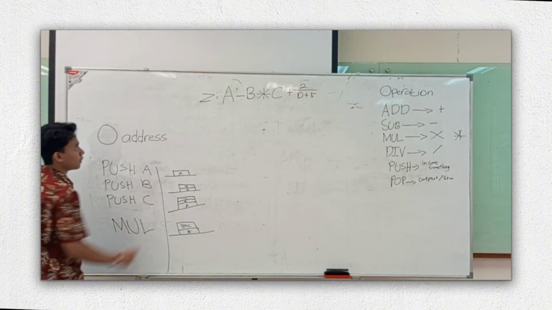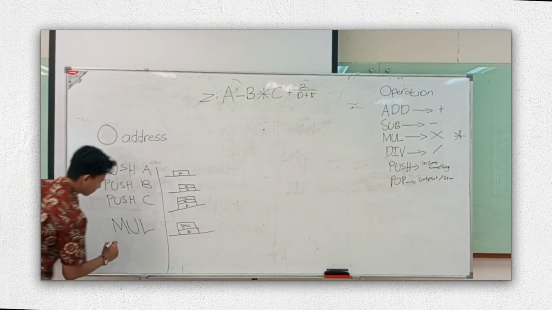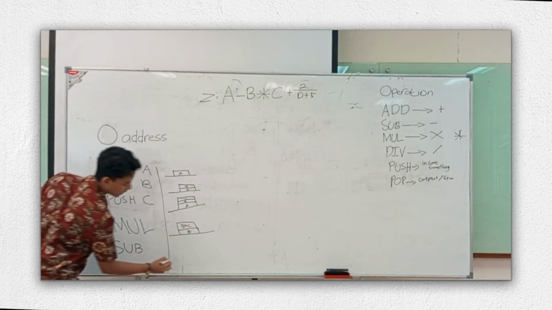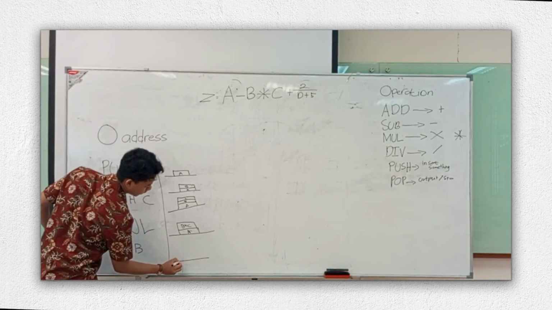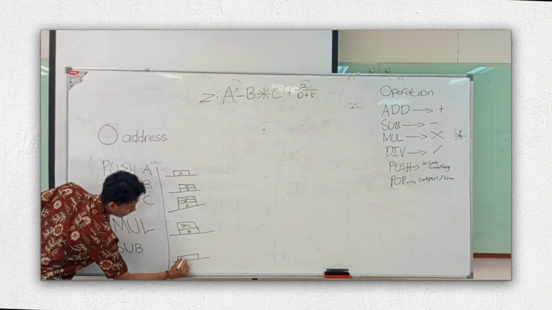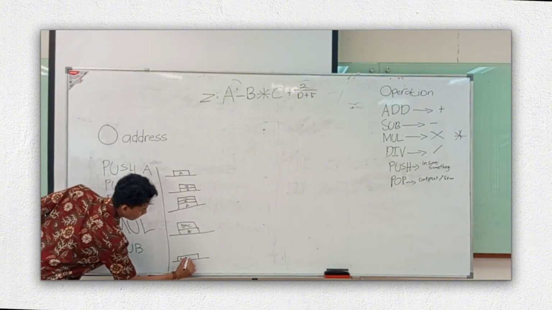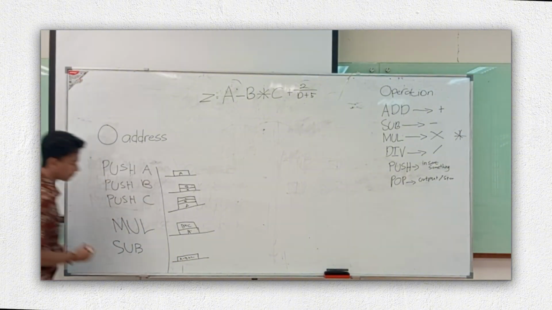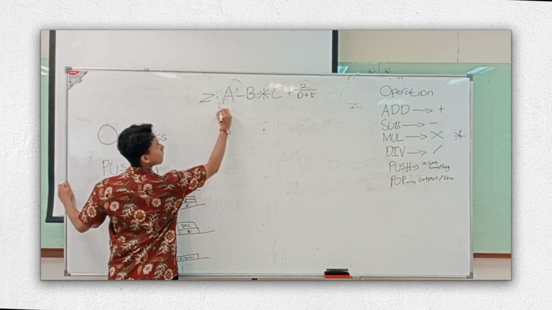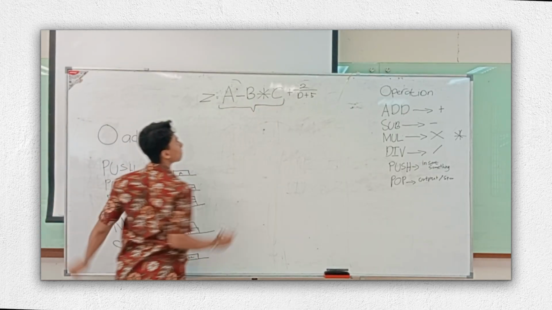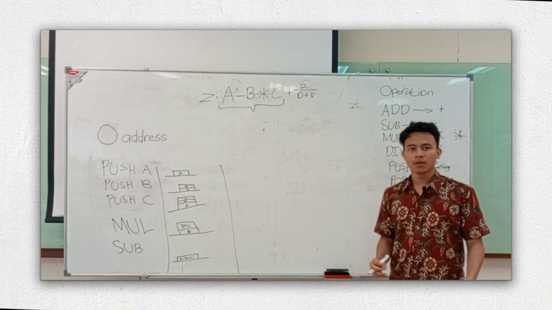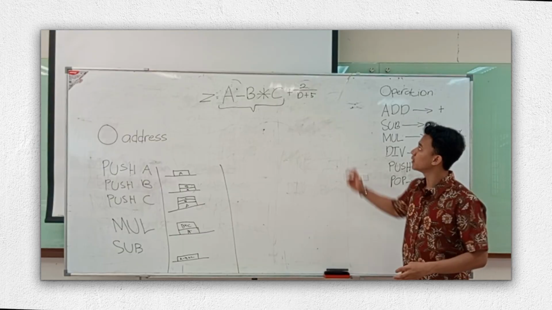Next, we need to put sub. It's equivalent to the stacking where A minus B times C is going to happen. So we already have our first operation here. Next, we need to do this part.